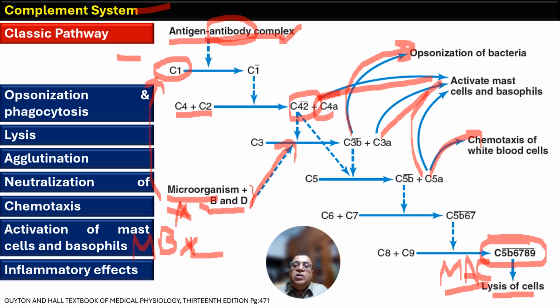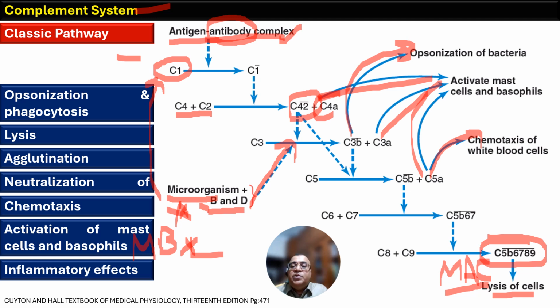The membrane attack complex creates pores in the bactericidal membrane that lead to osmotic lysis, and this is particularly effective in bacteria that have thin cell walls such as Neisseria. Agglutination is another biological activity of the complement system.